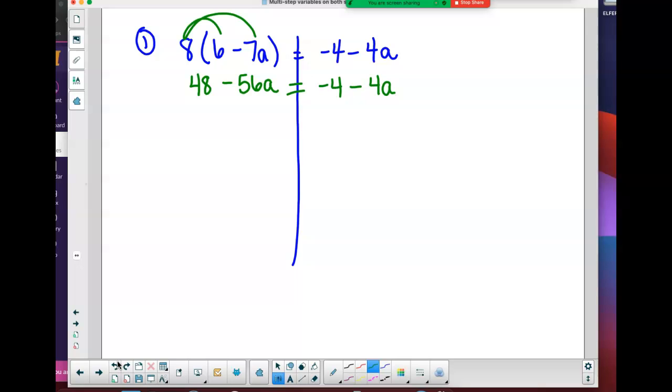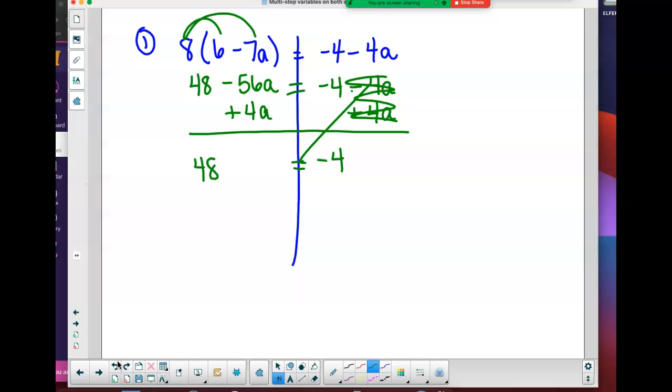Do you want to get rid of the negative 56a or the negative 4a? Negative 4a, okay. So we're going to get rid of the negative 4a. How do I get rid of that? Plus 4a to each side. That means on the right it's gone and we're left with just negative 4 equals. On the left we have 48. What's negative 56 plus 4? Careful. Negative 52, right?